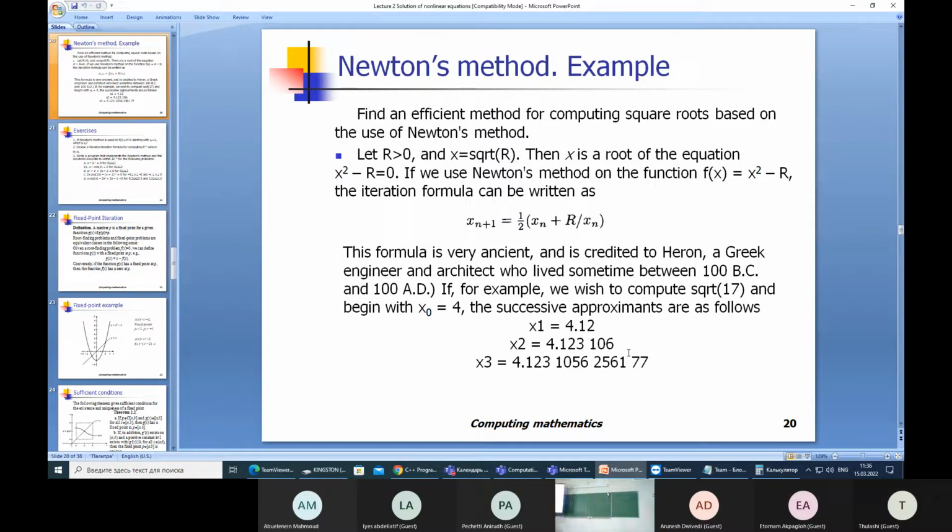You get 4.12 as the first point. Right? Yes, it's 4, and here is 17. 17 over 4.